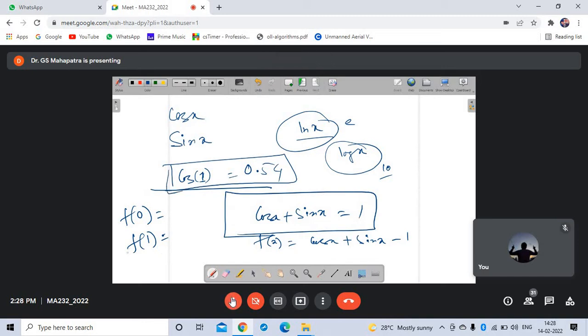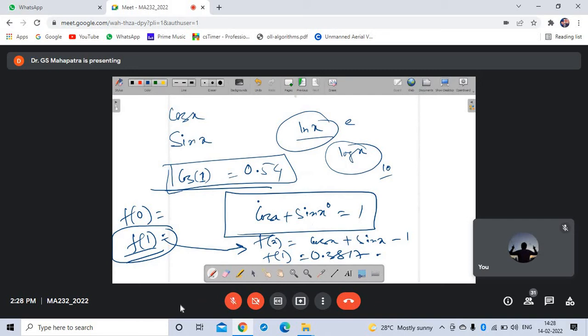Now f of 1 for this function, what is the answer, in radian since degree is not given? 0.3817. Basically, if the degree sign is not given, you have to consider it in terms of radian.